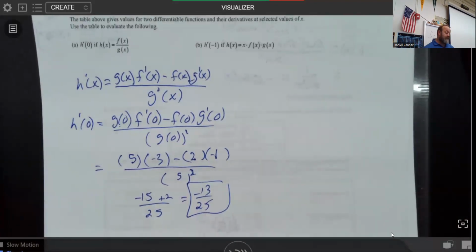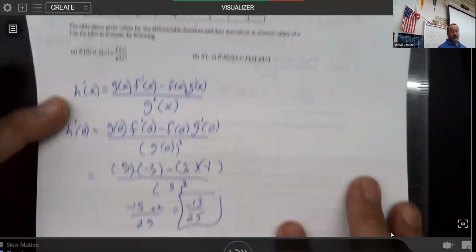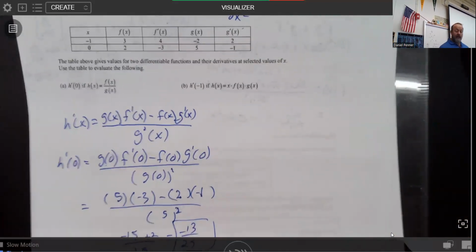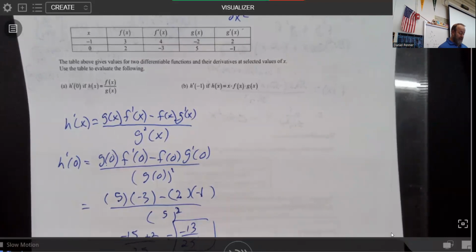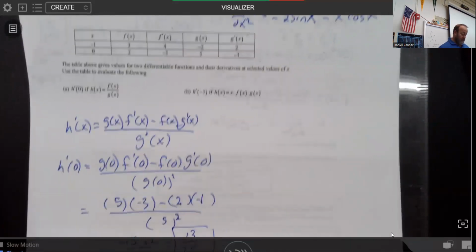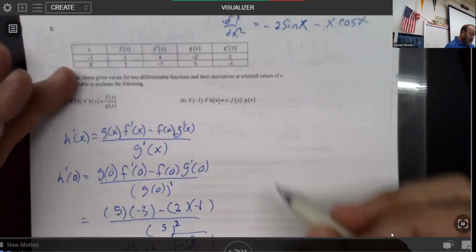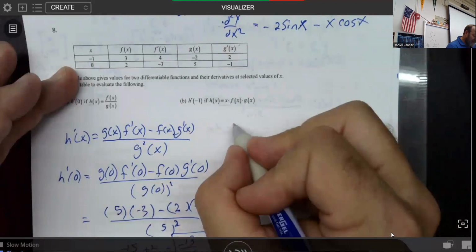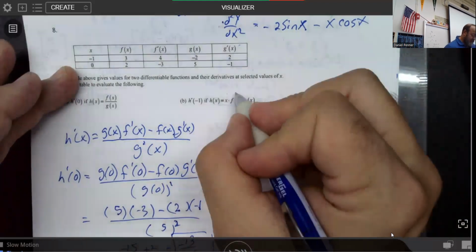Now, I will say this next problem is going to be a little bit icky because we really haven't dealt too much with what happens when you have 3 pieces. But it's really an extension of what we did, because you're going to have the 3 pieces right here.